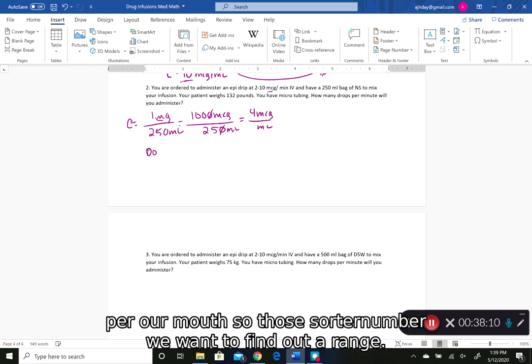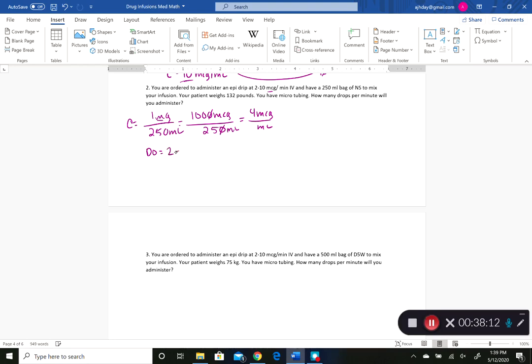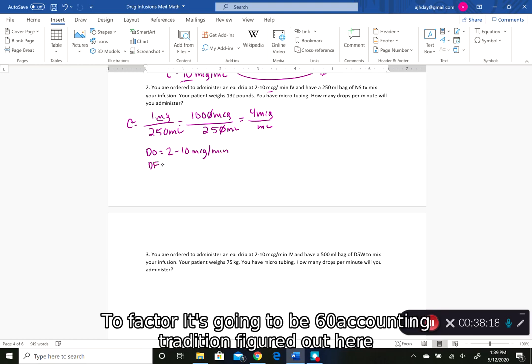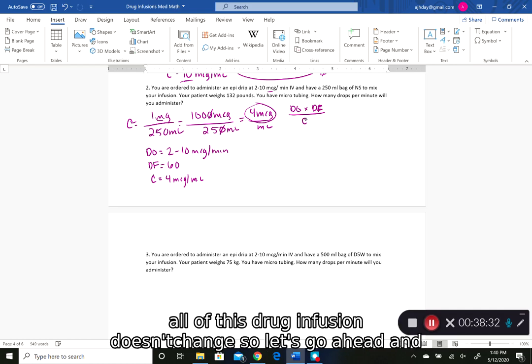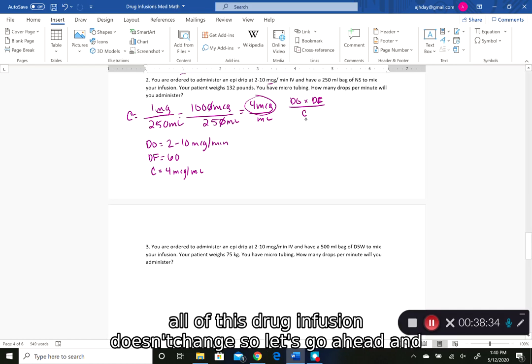So dose ordered, remember we want to find out a range. Drip factor, always going to be 60. My concentration, figured out here, is going to be 4 micrograms per mL. Same formula we've been using for all of these drug infusions. Doesn't change.